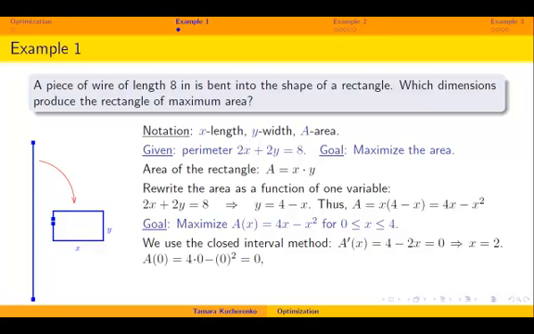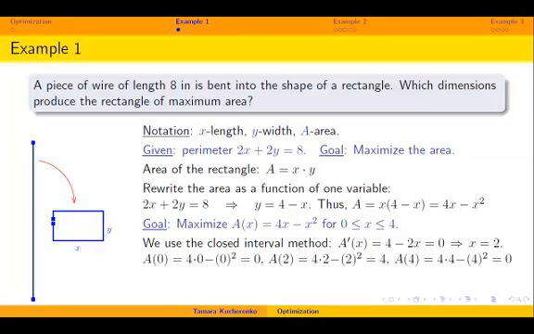A at 0 equals 4 times 0 minus 0 squared equals 0. A at 2 equals 4 times 2 minus 2 squared equals 4. A at 4 equals 4 times 4 minus 4 squared equals 0.